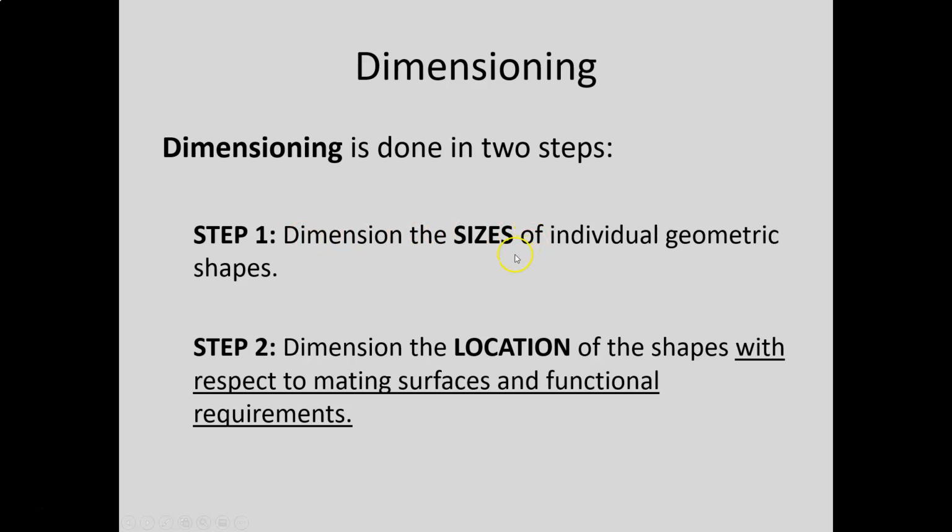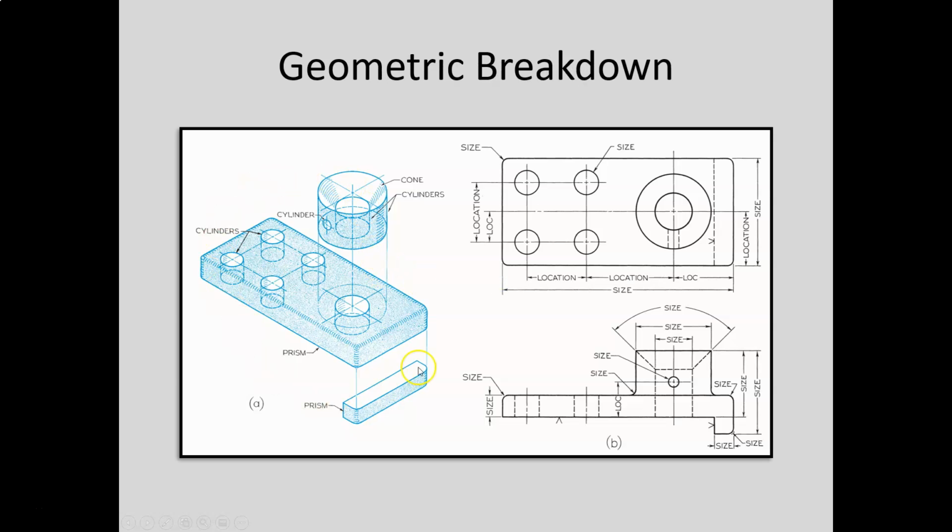Dimension the sizes of the individual geometric shapes. So I just defined the shapes. Now the sizes of those. So here we have the size of the hole right there. The size of the other hole, the size of the cylinder, the size of the smaller cylinder here, the size of the prism, the large prism, we have a size here and a size here, and then we have a size here, right? So keep in mind that each one of these geometric primitives is going to have 3 dimensions, right?